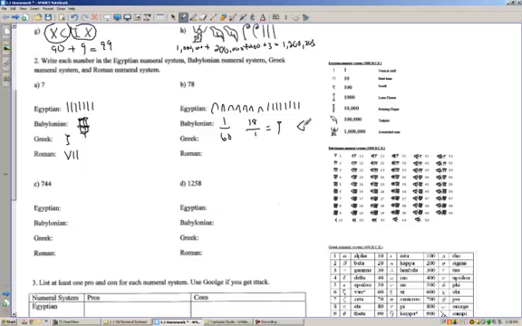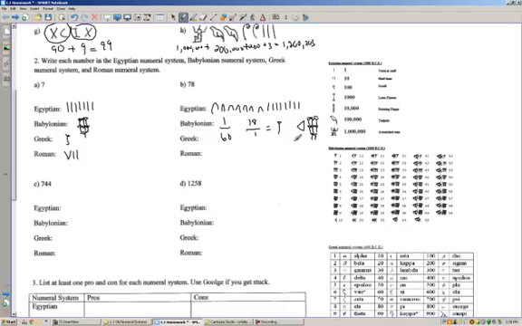So we have a wedge like this. And then we have probably 8, right? 8 vertical staffs. So 1, 2, 3, 4, 5, 6, 7, 8. Right? And so this is how we would represent the number 78 in the Babylonian numeral system.